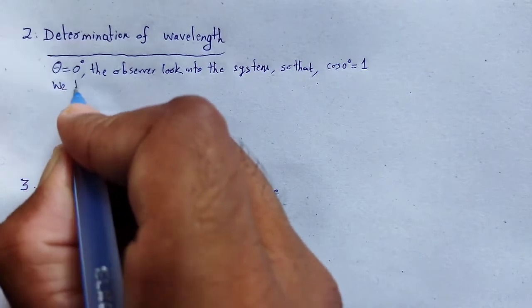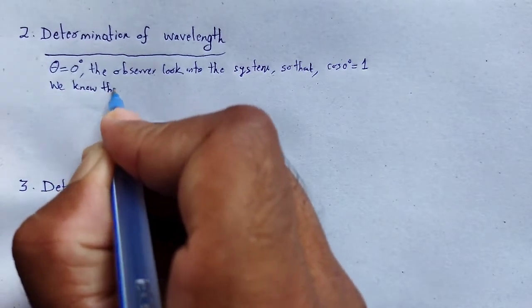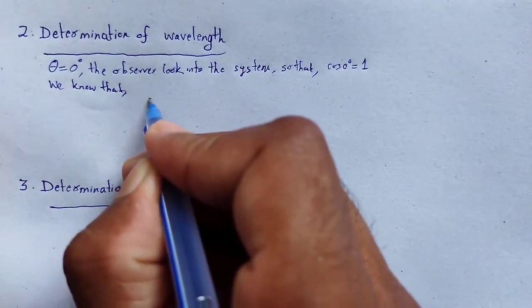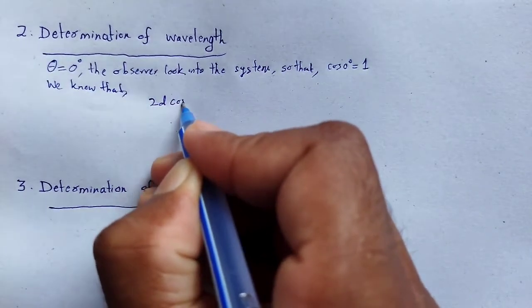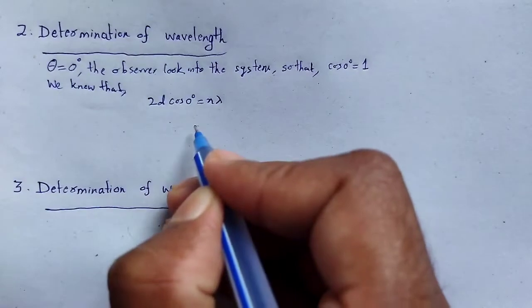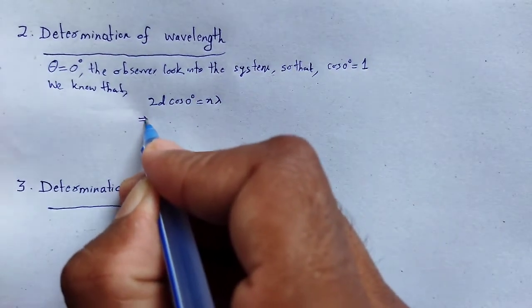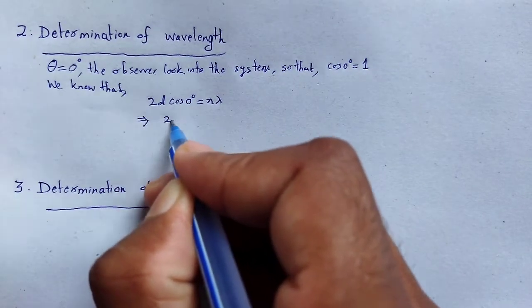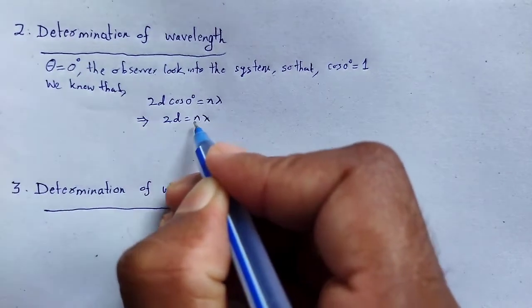We know that 2d cos theta, that is cos 0 degree, is equal to n lambda, which implies 2d is equal to n lambda.